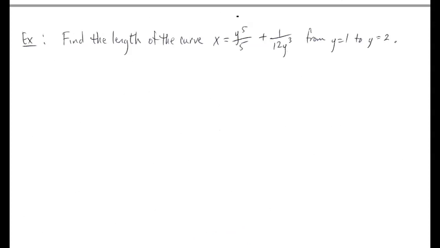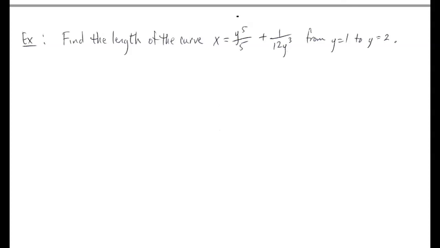Okay, so for our second example, we want to find the length of the curve defined as x is equal to 1/5 of y raised to the 5 plus 1 over 12 y cubed. And we want to do that from y equals 1 to y equals 2. So one of the things that we see here is that our function is defined in terms of y instead of in terms of x.